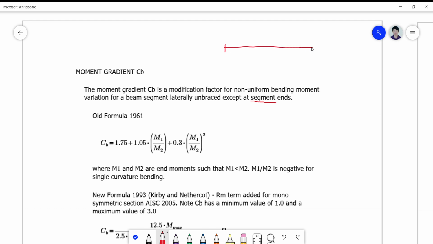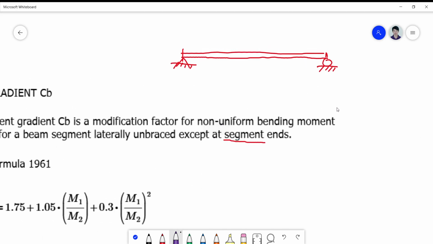If we have a beam, any type of beam, supported somewhere, the application of the moment gradient is actually done based on the segment ends defined by the bracing.